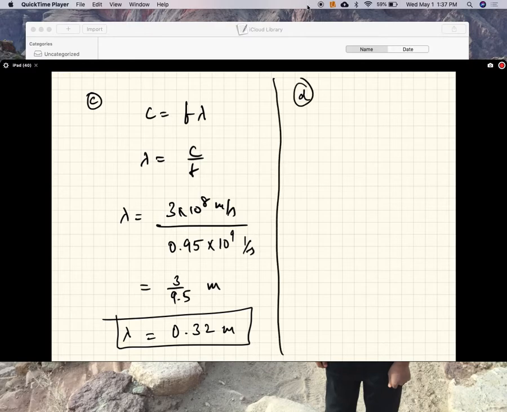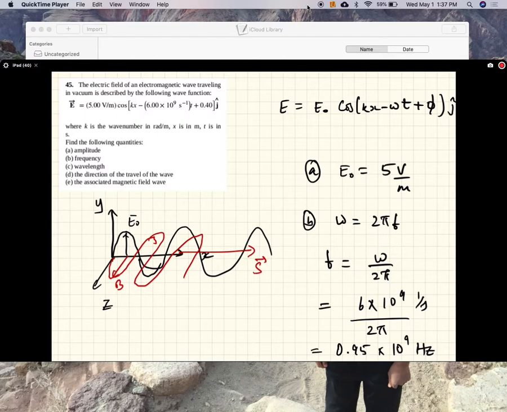D, the direction of travel of the wave. From this equation, as time increases, x has to increase. The direction of travel is the direction in which the phase is held constant. So as t increases, x increases. What if you wanted to make this wave travel to the left?